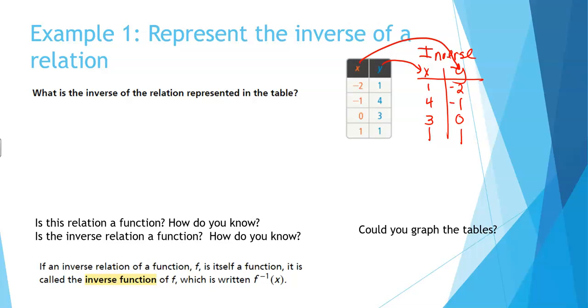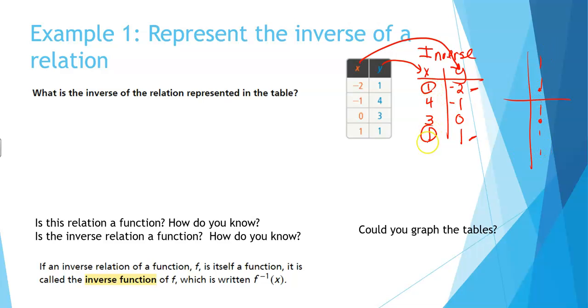Now it says, is the relation a function? Well, remember, you have to have exactly one output for every input. Well, look at here. I have two inputs of 1, and that means in this case, I have two different outputs. So if I were to graph just those points, I'd have 1, -2, and 1, 1, and they would not pass the vertical line test, right?